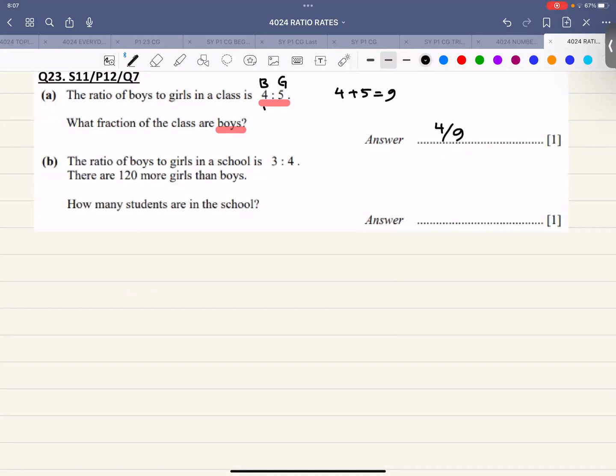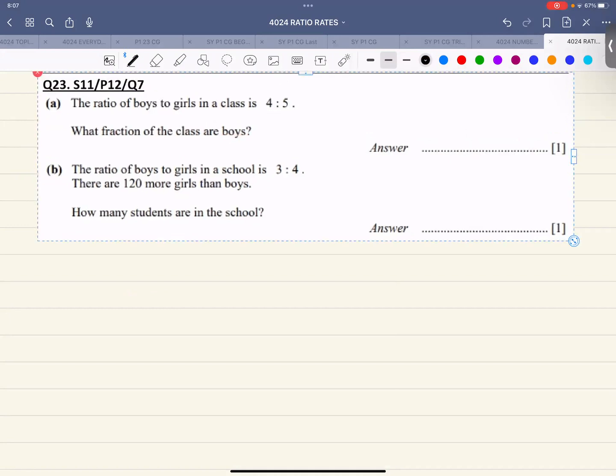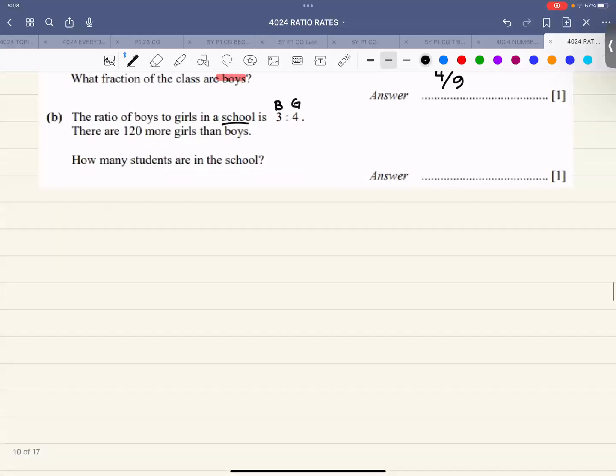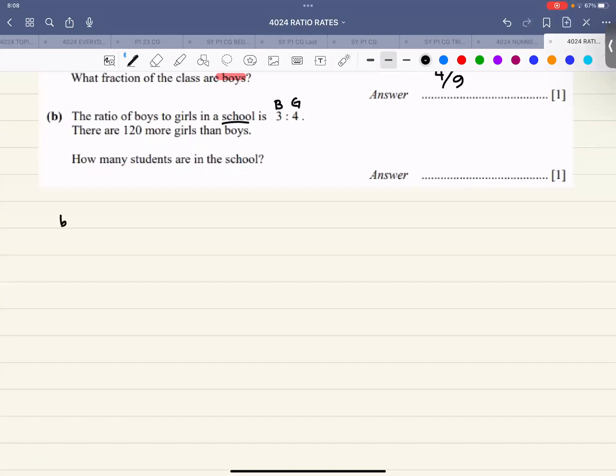Second part, the ratio of boys to girls in a school. So this is boys, this is girls, and this is in a school, is 3:4. There are 120 more girls than boys. How many students are in the school? So now part B, there is boys, there is girls, this is 3, this is 4.